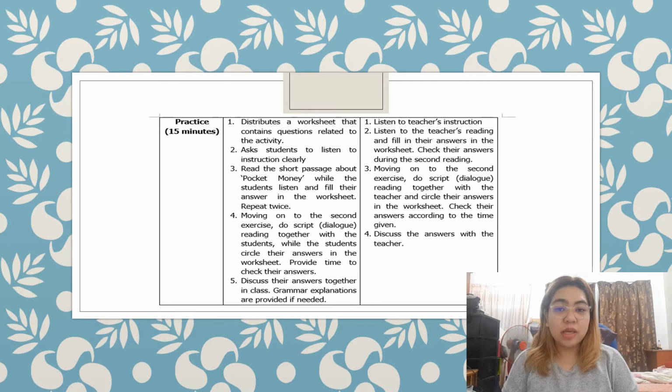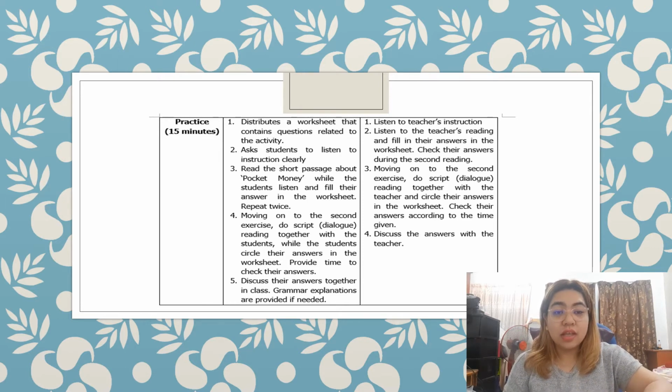They will be listening to the teacher's reading, and we will ask the students to listen to our instructions clearly. Then we will read a short passage about pocket money, and they will listen to it twice, as we are going to read it twice.